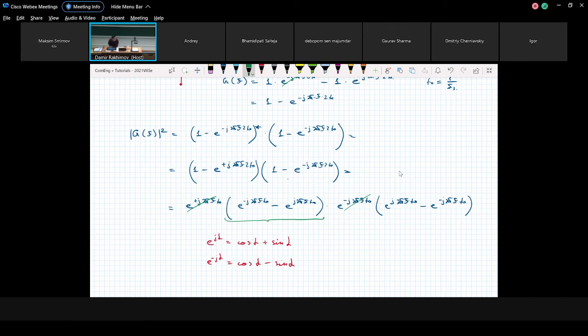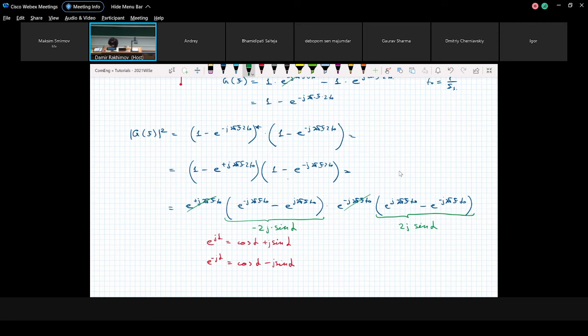I think it will be minus 2j sine alpha for this expression, and for the second parenthesis it's exactly the same, but with a different sign, 2j sine alpha.